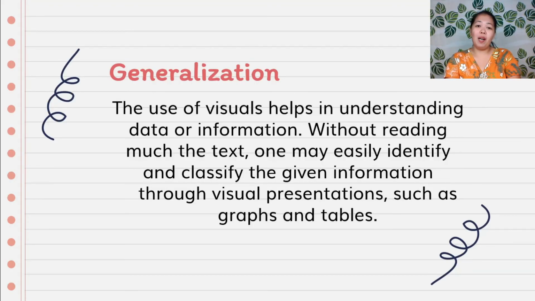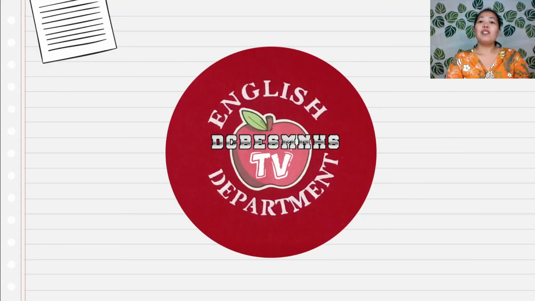To sum it up, the use of visual helps in understanding data or information. Without reading much the text, one may easily identify and classify the given information through visual presentation, such as graphs and tables. So that ends our lesson about visual verbal relationships.